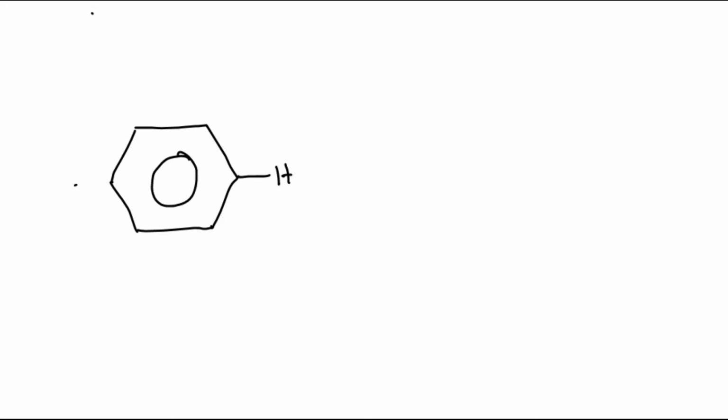I have chosen a benzene ring for simplicity. You know that due to the delocalized pi electrons, there is a ring current along the benzene molecular plane, and from the NMR machine an applied magnetic field B0 is applied to this benzene molecule.